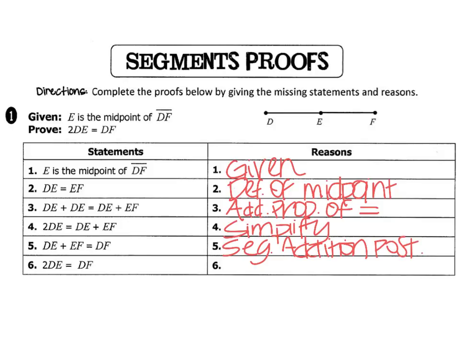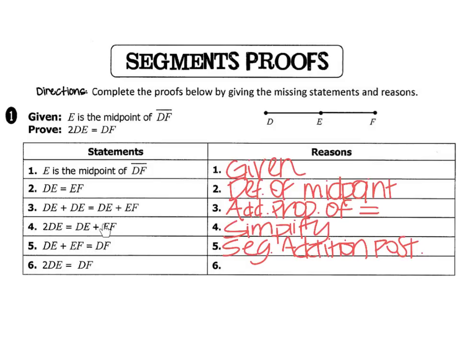Next, we want to look at all of our previous statements and ask ourselves, how did we get to this statement right here? How did we get 2 times DE equals DF? Well, we can look at statements 4 and 5 and see how they relate to each other. So 2 times DE equals DE plus EF, and DE plus EF equals DF.